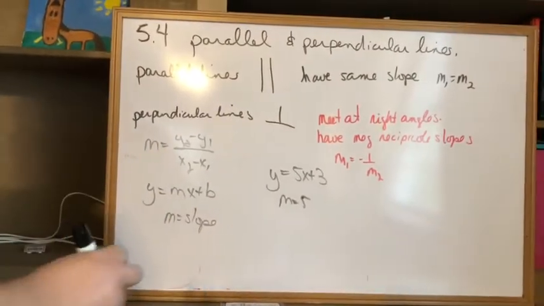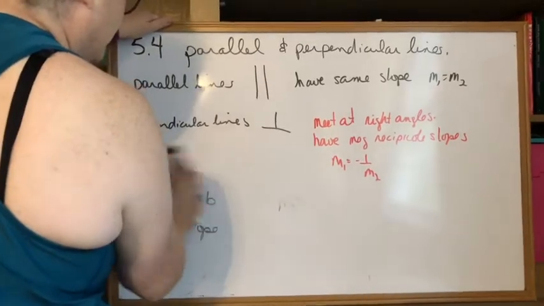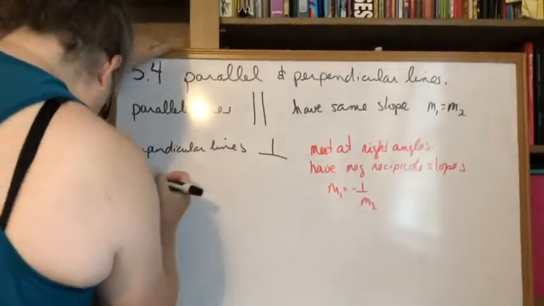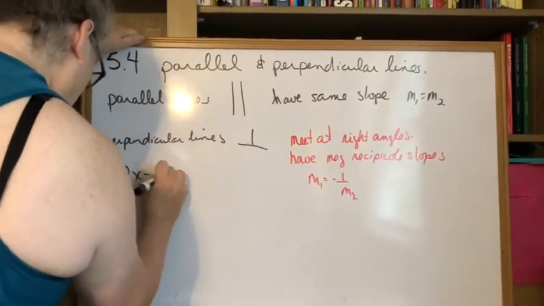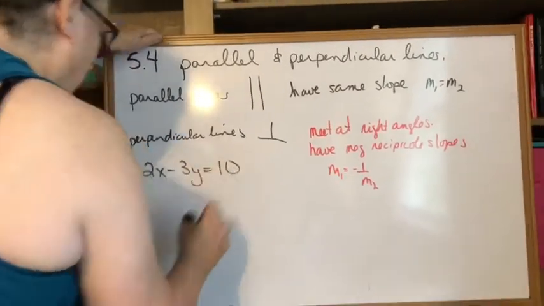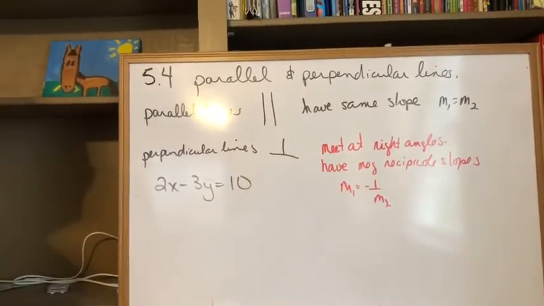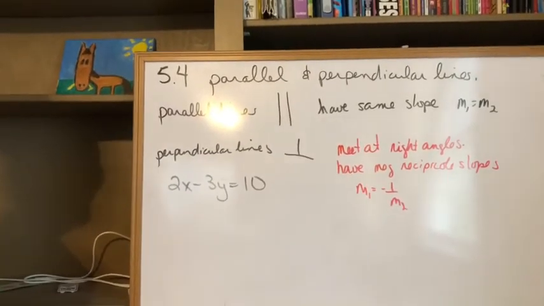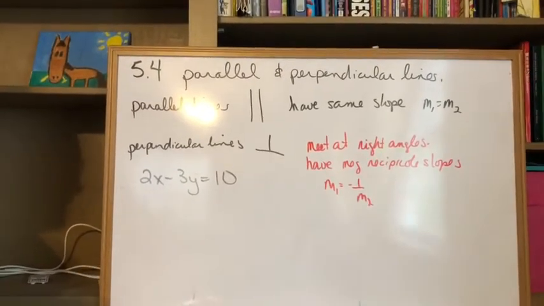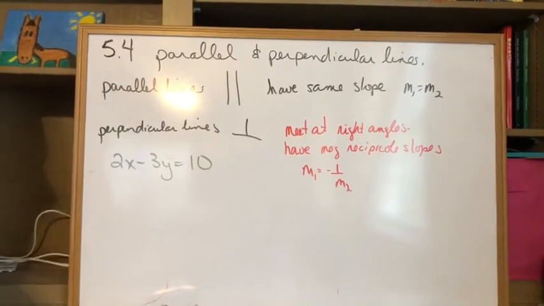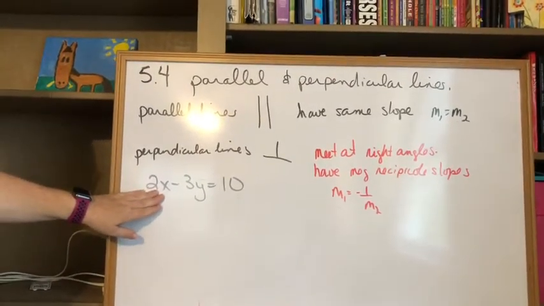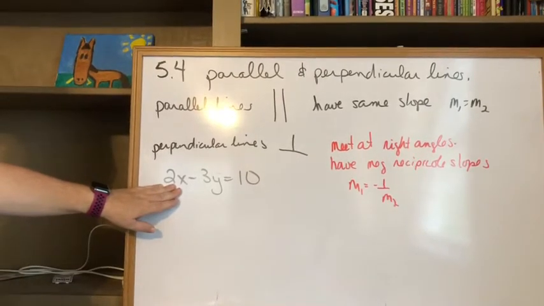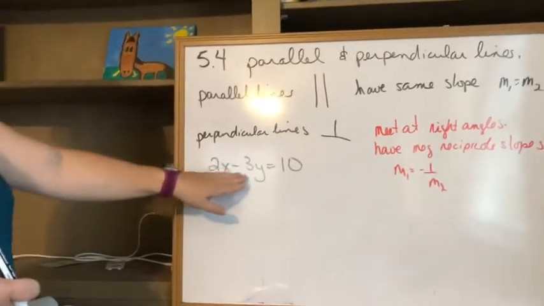Okay, let's do another problem. This linear equation is not solved for y yet. We must solve for y to get it into slope form. This is not our slope. It is not y equals 2x. This is 2x minus 3y equals 10.